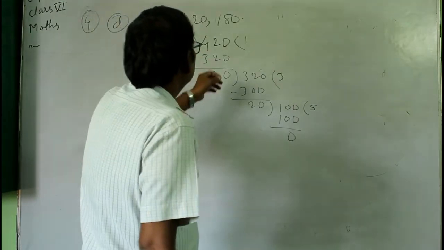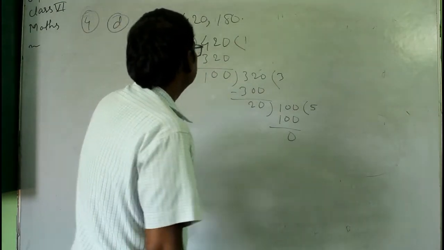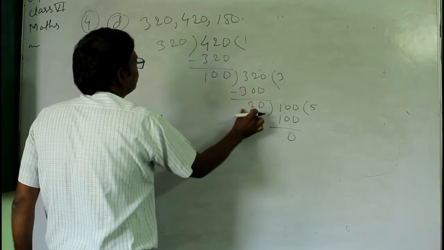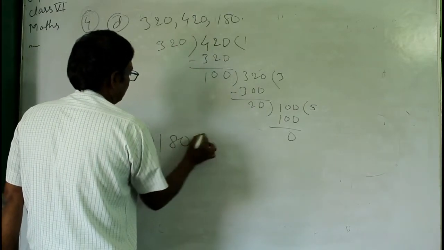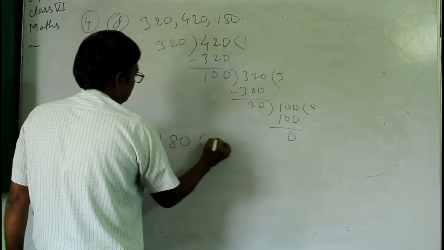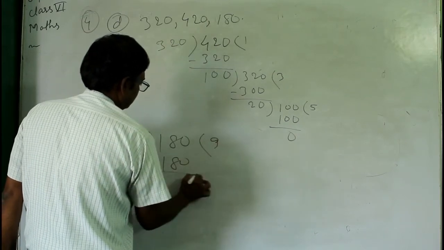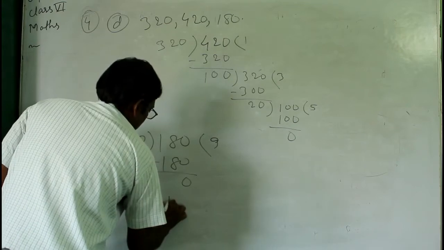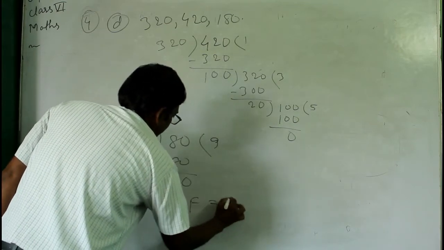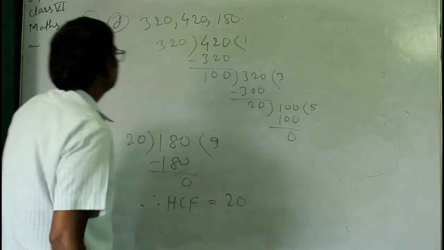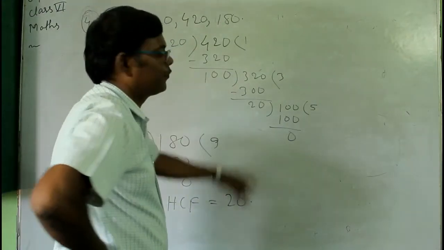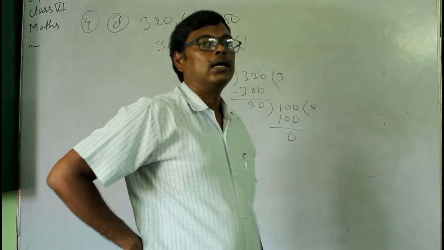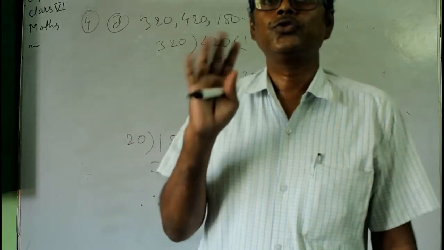Now divide the last number by 20 because we have got the HCF of these two numbers. Then 180 divided by 20, and 9 twenties are 180. So 0, and therefore the HCF of these three numbers is equal to 20. So this is the process of finding the HCF by the long division method for three numbers.